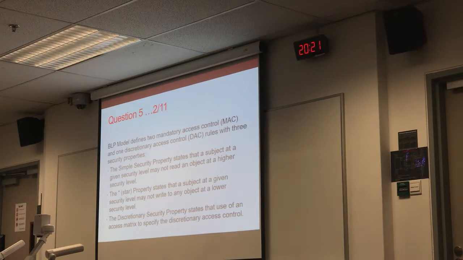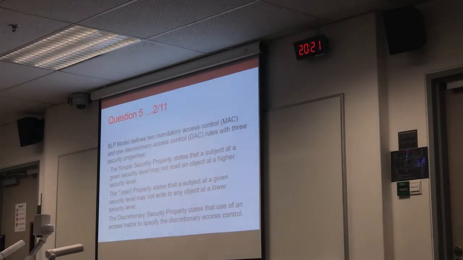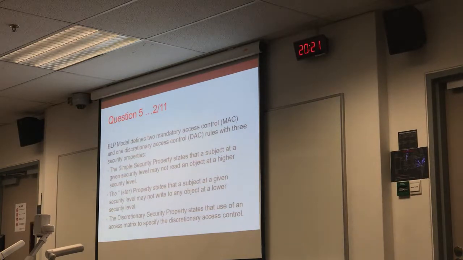The discretionary property says that an access matrix is used to specify the discretionary access control. So as long as the CEO agrees, and of course the company has a policy saying he can do so, then he has to agree. Otherwise it is a violation.